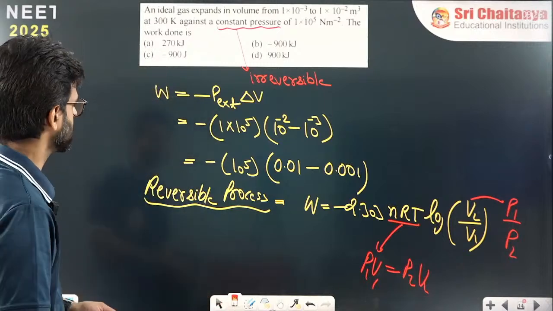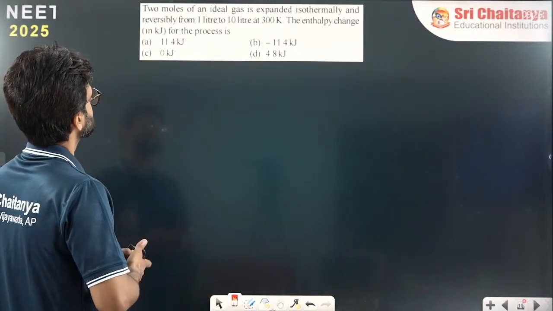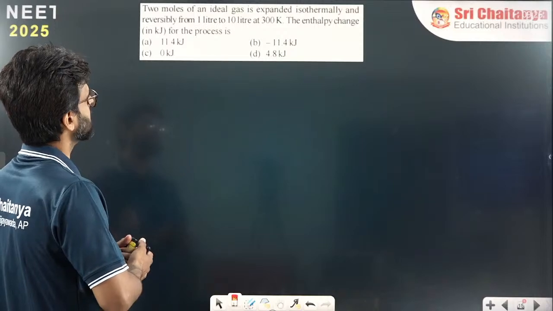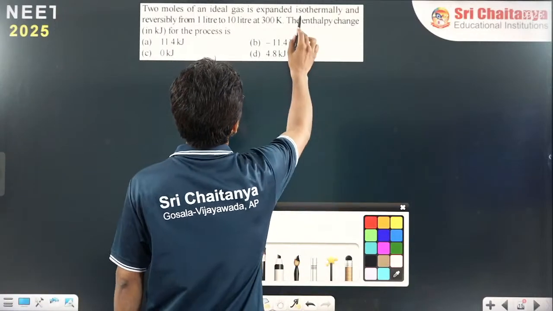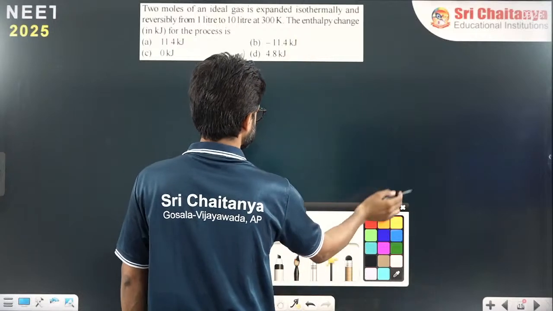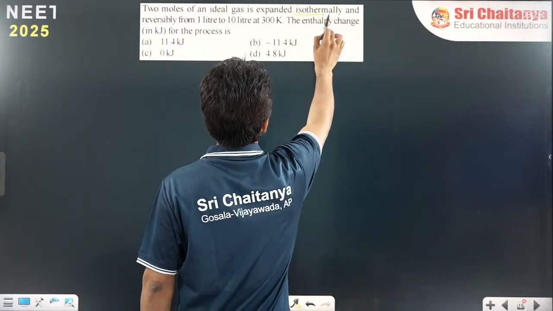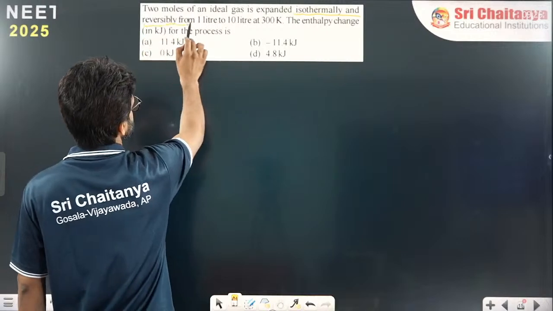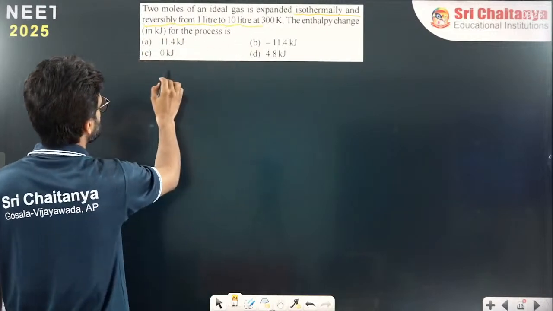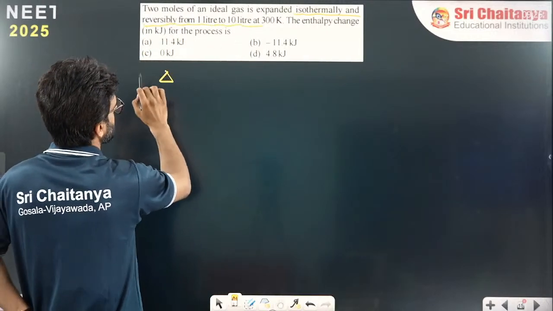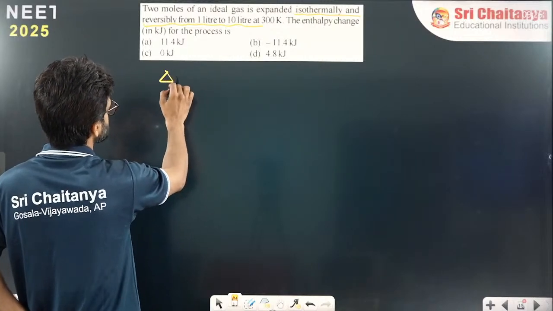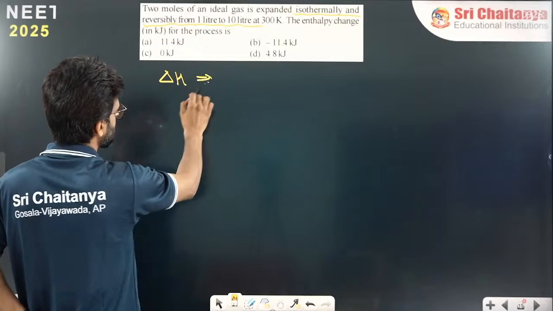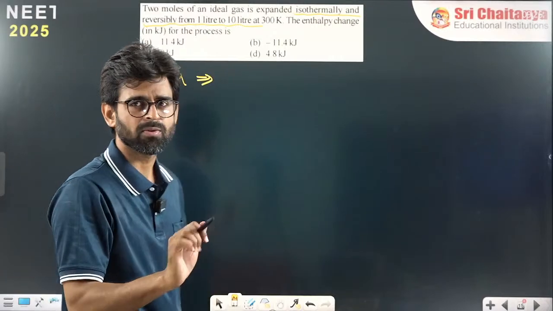Work done questions, right? The next thing, 2 mole of ideal gas expanded isothermally and reversibly from 1 liter to 10 liter, right? They are asking the enthalpy change, which means they are asking about delta H. First of all, we have to be careful, they are not asking work done from us.